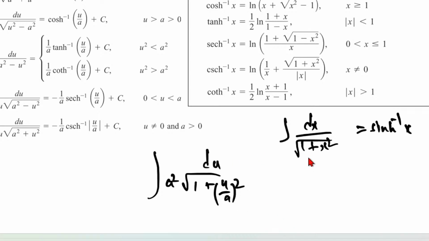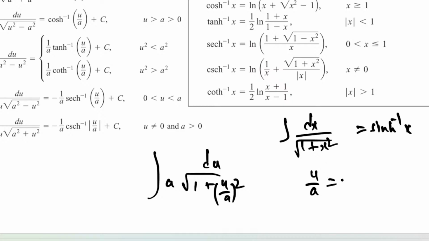You know dx by under root 1 plus x square equals sin h inverse x. So x we are supposed to convert to u by a. Take u by a as some t. Then du equals how much? Sorry, the a square will not come out, only a will come out.